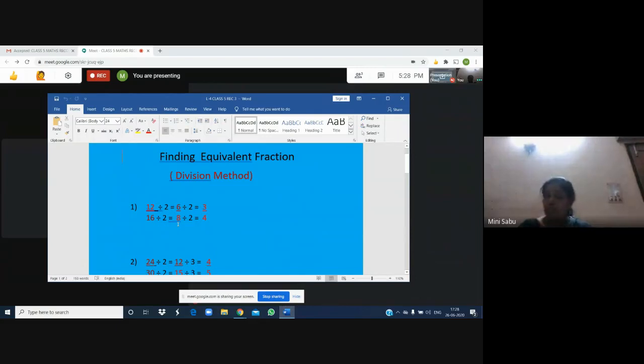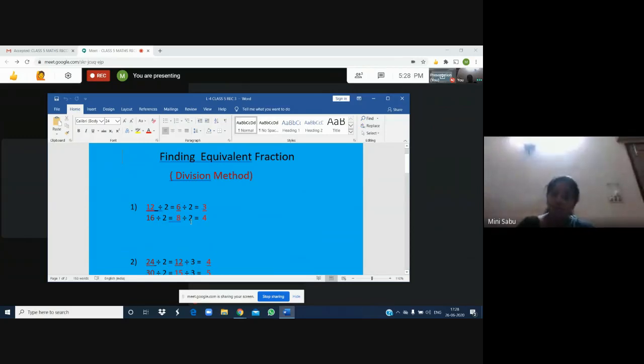So 12 upon 16 and 6 upon 8 are equivalent fractions. And you know 6 by 8, this number 6 and this number 8 can be divided by 2 again, because 6 is also coming in the table of 2 and 8 is also coming in the table of 2.